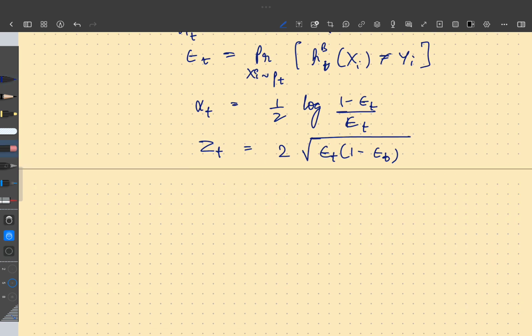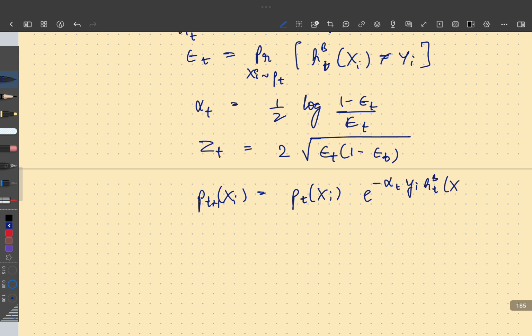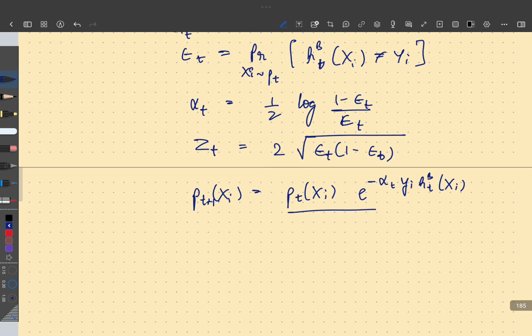Set P_{t+1}(xi) equal to P_t(xi) times e to the power minus alpha t yi h_t(xi), divided by Z_t, for all of the data points.